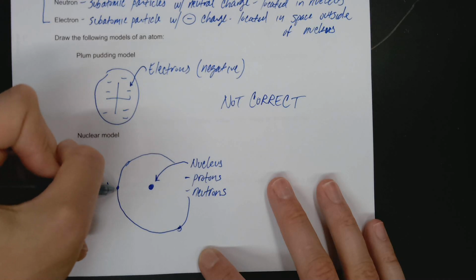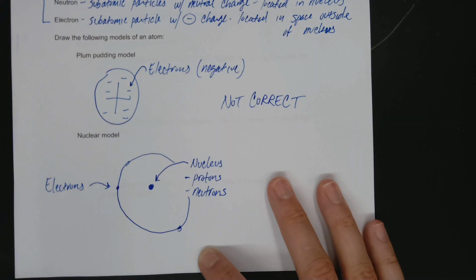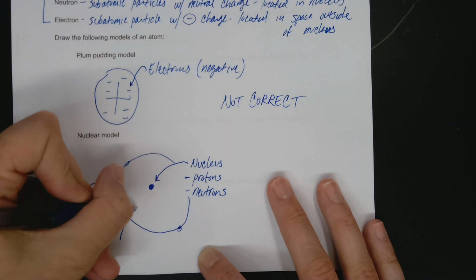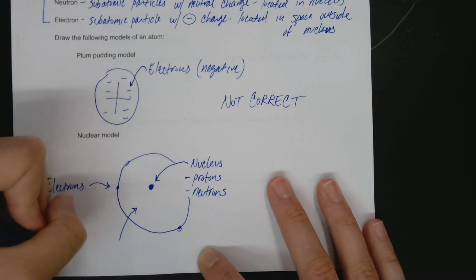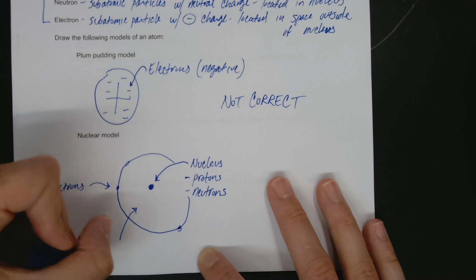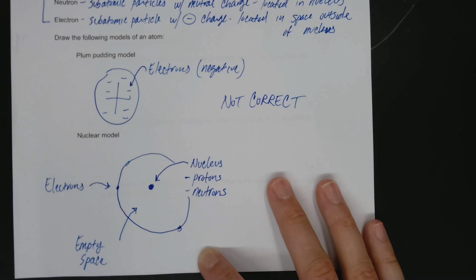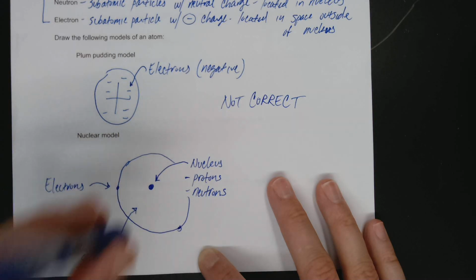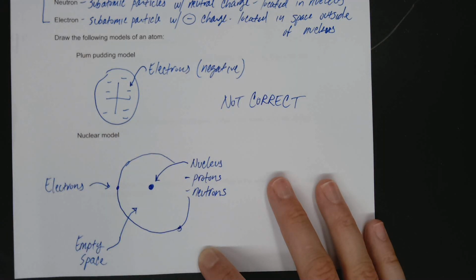In between the electrons and the nucleus is empty space. So if you remember when we did that simulation, most of these alpha particles were just flying right through the gold atoms.